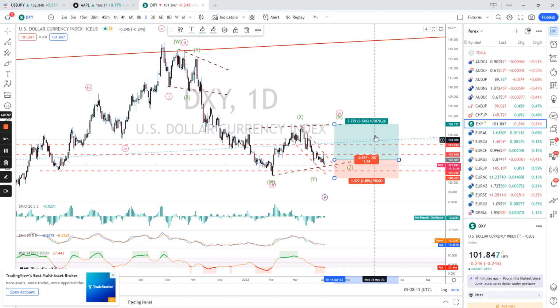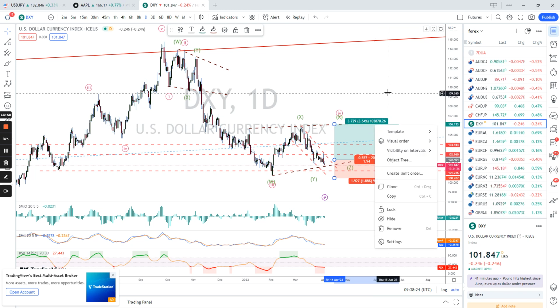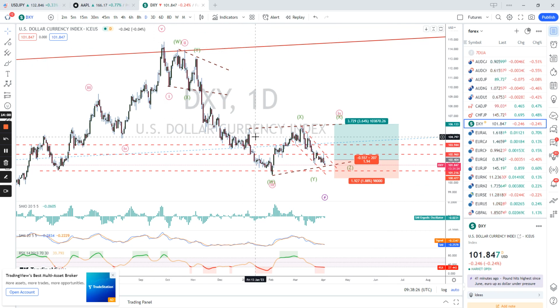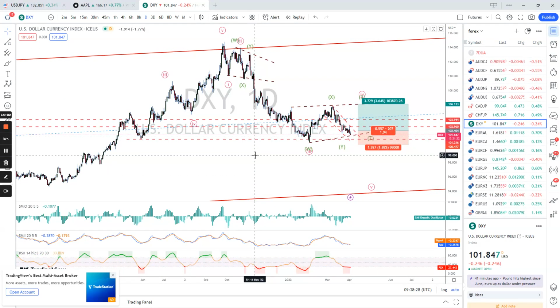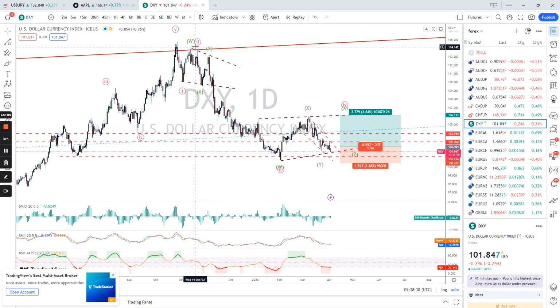So this is actually what we got at the market, and by looking from top to bottom in this analysis, we have identified the trend, we have identified the strong points, and we have identified the counts and the wave that we are in.